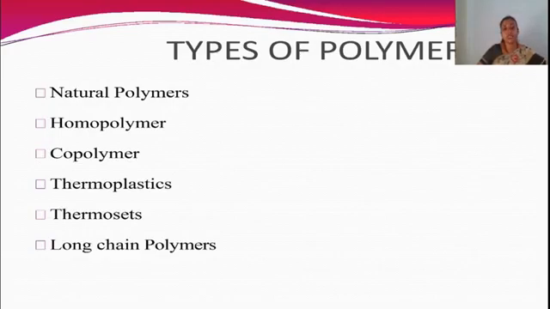First one is natural polymers. Natural polymers, as the name suggests, means polymers occurring from the source of natural origin. Second one is homopolymer, copolymer, thermoplastics, thermosets, long chain polymers.